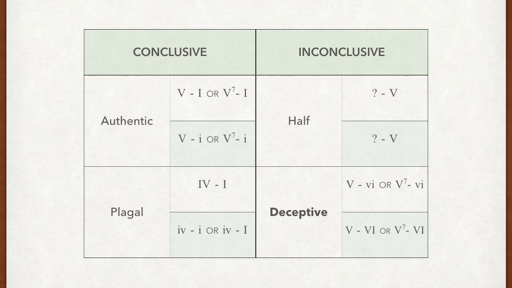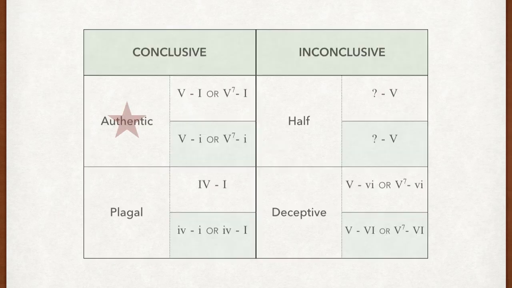So those are the 4 different types of cadences we'll be examining throughout the rest of the semester. To recap, we have authentic cadences, 5-1, plagal cadences, 4-1, half cadences, anything to 5, and deceptive cadences, 5-6.